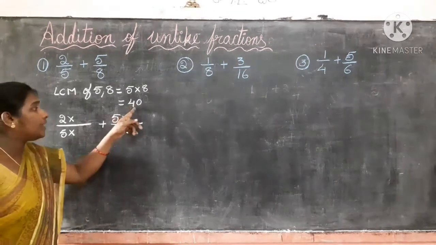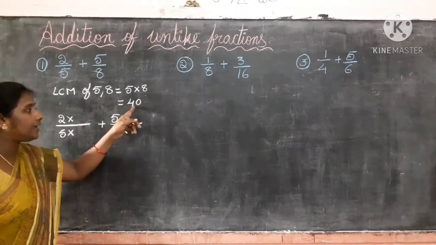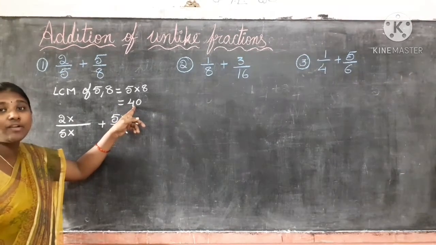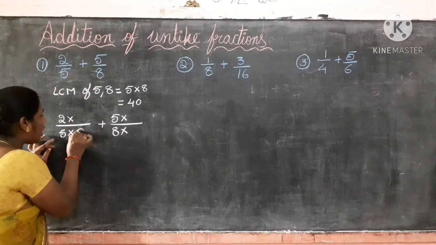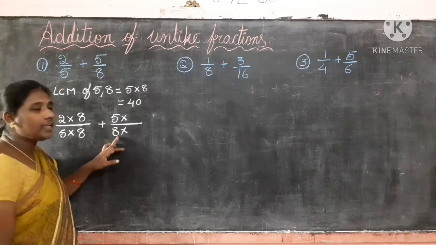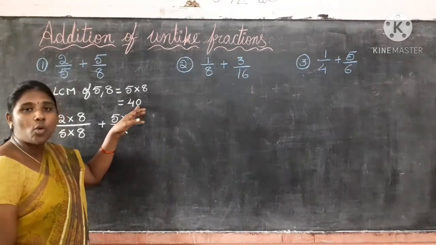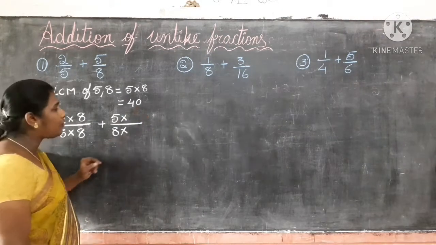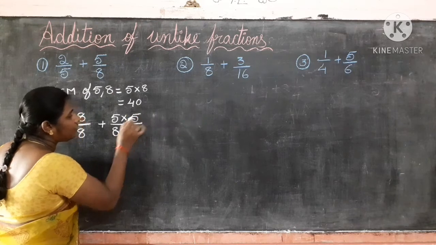In the denominator, how many times will the LCM come? 5 times 8 is 40. 5 8s are 40, so both the numerator and denominator we have to multiply with 8. Here, what is the denominator? 8. In this 8 table, how many times does the LCM come? 8 5s are 40. So both the numerator and denominator here we multiply with 5.